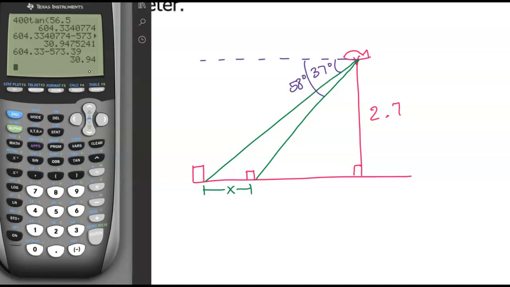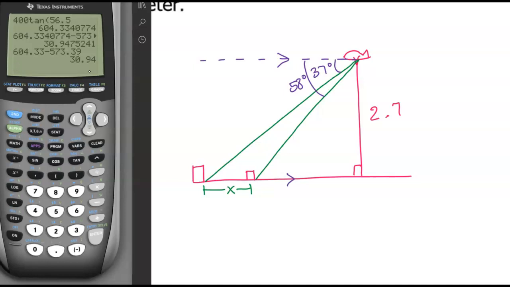Neither of these is inside of a right triangle, though, so I can't use trig to solve for any values. What I have to do is recognize that this horizontal line is parallel with the ground, meaning I can find the alternate interior angles and place them inside of our right triangle. So that 37 degrees there, I see what line it's on, this larger green line.